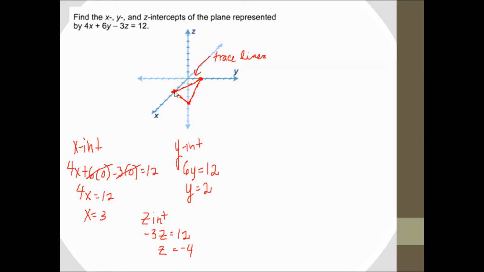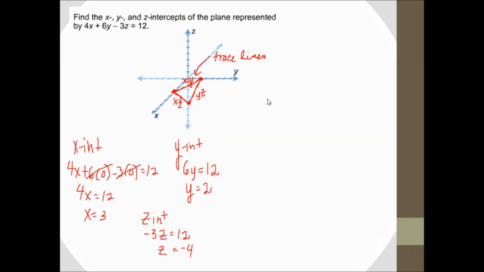This, from this intercept to this intercept, is the XZ trace line. The reason being is because it goes from x-intercept to z-intercept, or vice versa. This is the YZ trace line, and then this one right here would be the XY trace line.